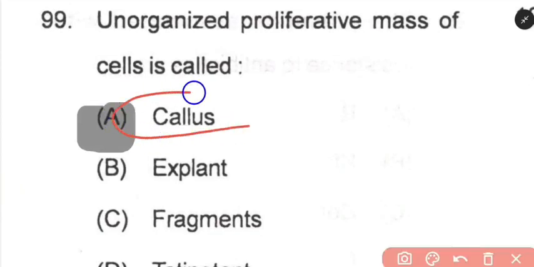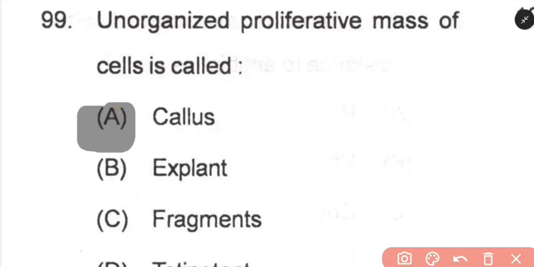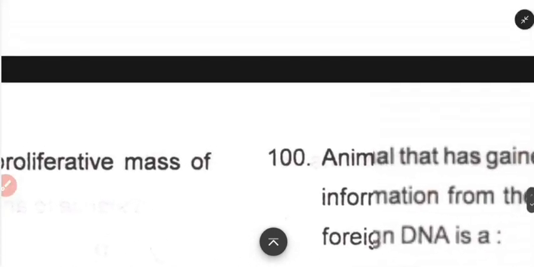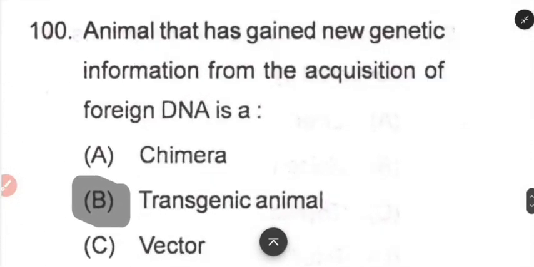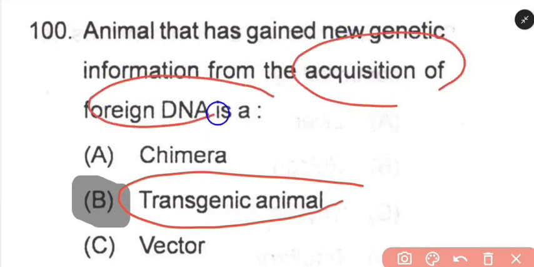These questions we have already discussed. Unorganized proliferative cells are called callus, and we provide a particular ratio of hormones to develop the callus in our desired way. The last question: an animal that has gained new genetic information from the acquisition of foreign DNA is a transgenic animal. If an animal has taken foreign DNA into it, it is called a transgenic animal.